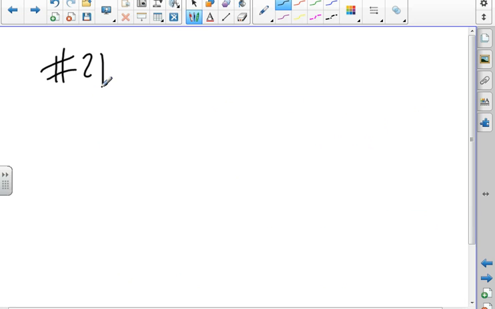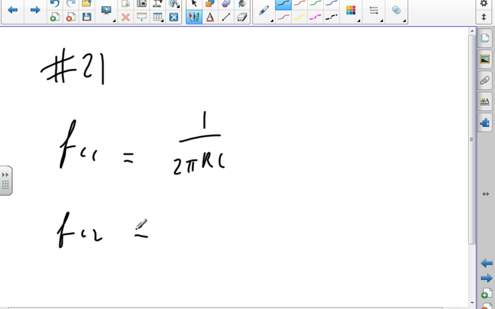Calculate F1, F2. Okay, so we're going to do the same thing over again. CF1, CF2, 1 over 2 pi RC, I think.